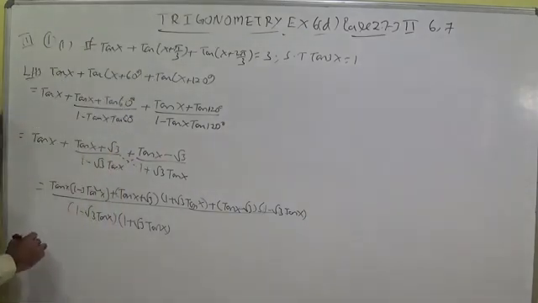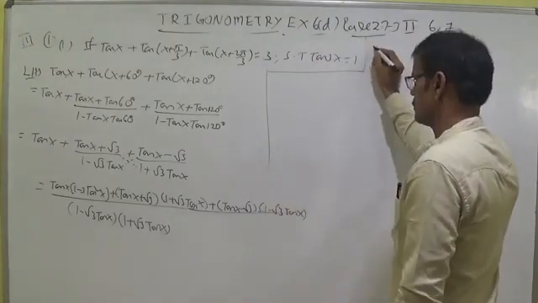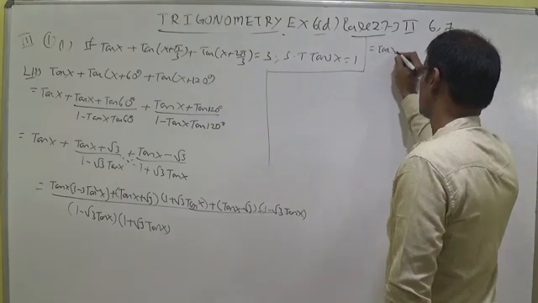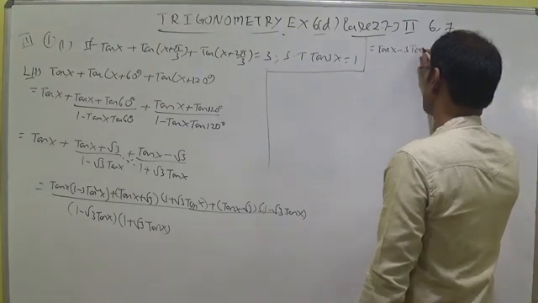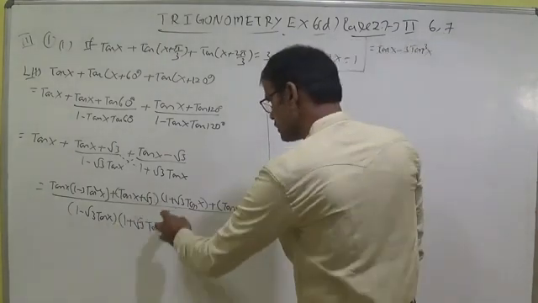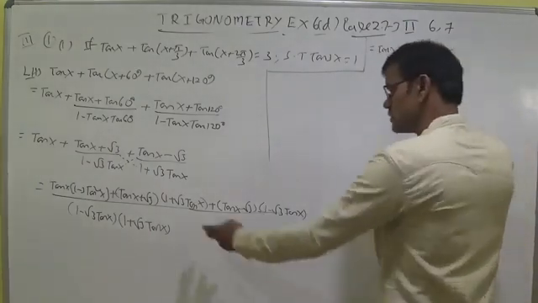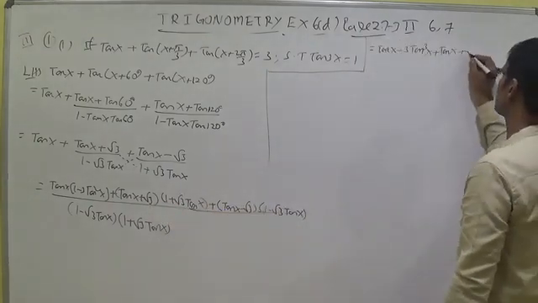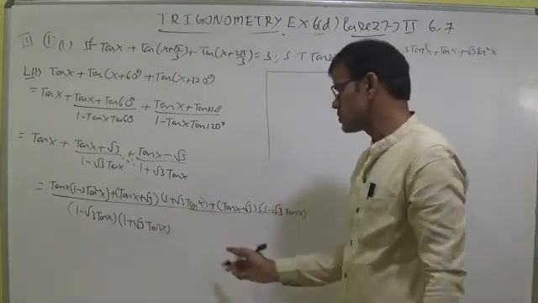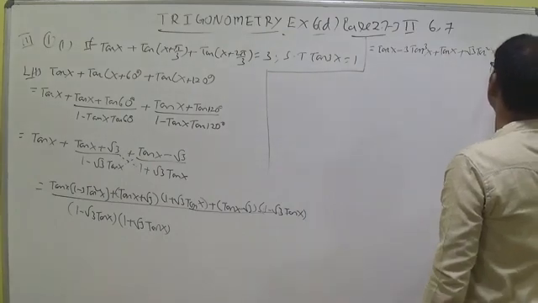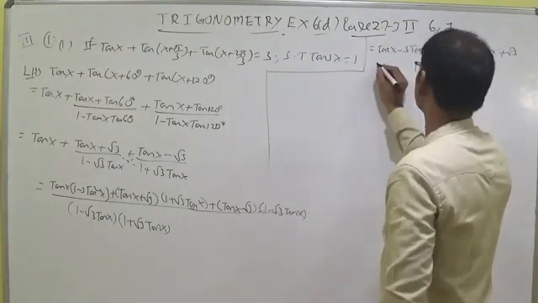That is equal to, multiply like this: tan x minus 3 tan cube x, plus multiply every term here, plus tan x, plus root 3 tan square x, plus root 3 into root 3 becomes 3 tan square x.